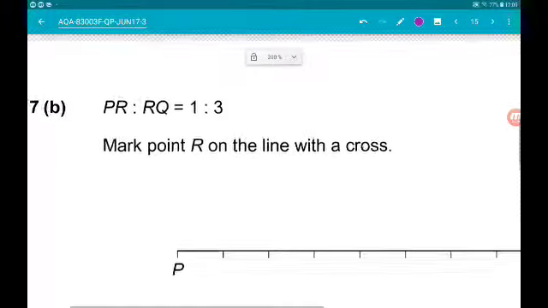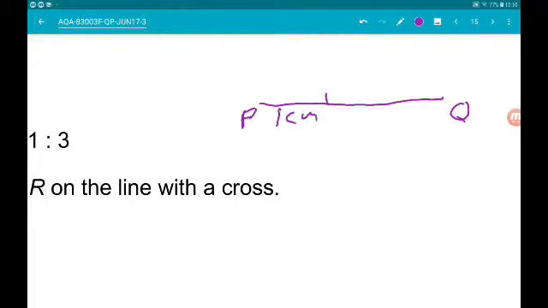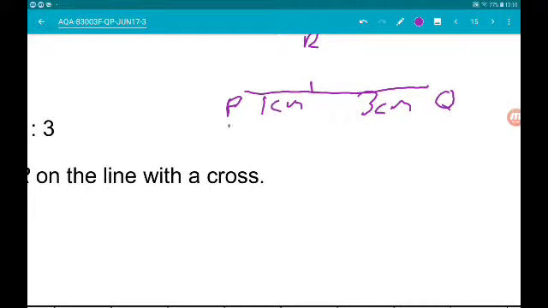So let's, for this one, just say the line is P, Q, and R was here, such that PR was 1 centimeter, and then RQ would be 3 centimeters. Altogether though, that would only be 4 centimeters long.